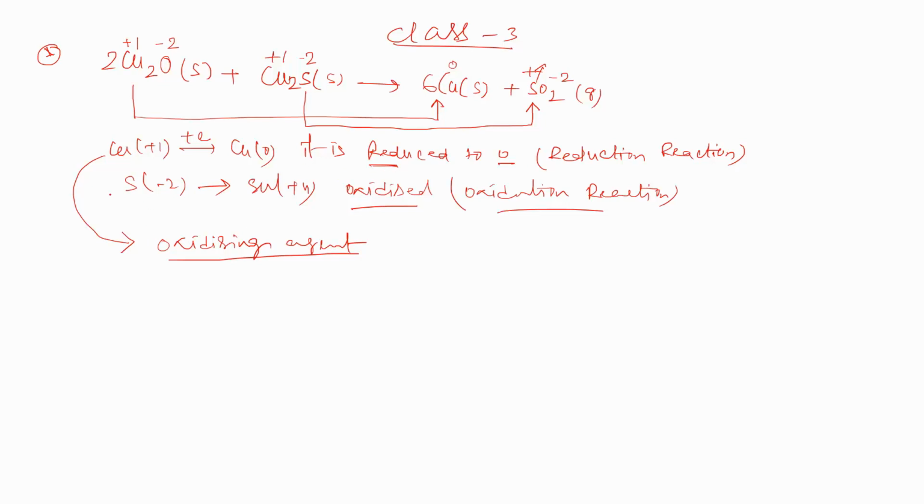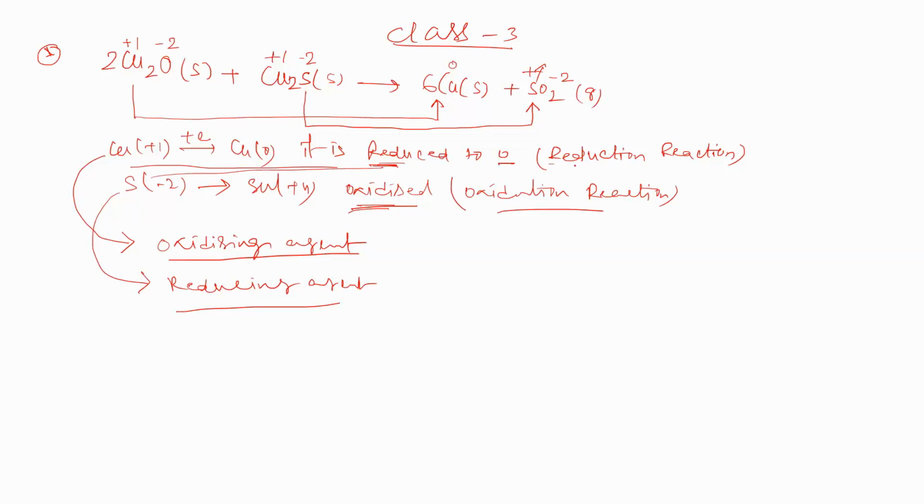That's why it is the oxidizing agent. Similarly here the sulfur will be the reducing agent. Reducing agent means it will reduce another species, but it itself is oxidized. Here it itself is reduced.